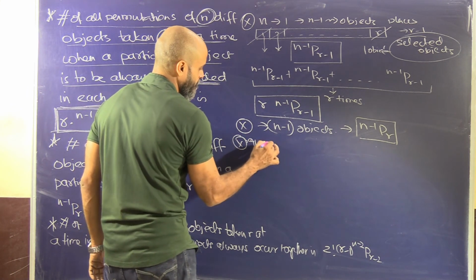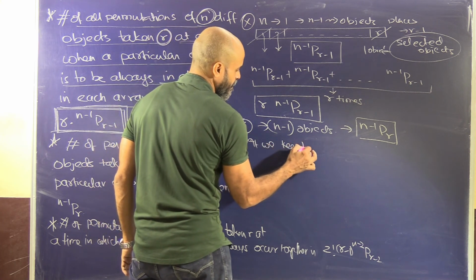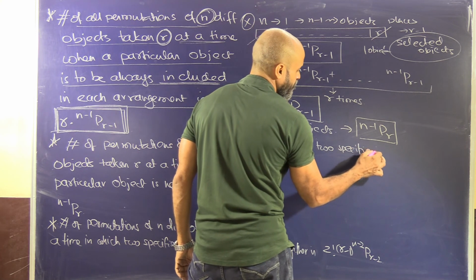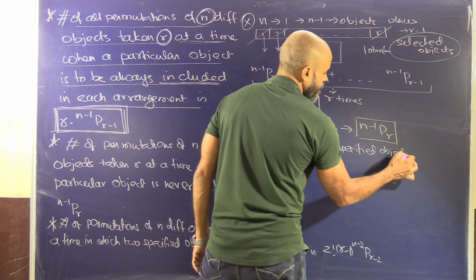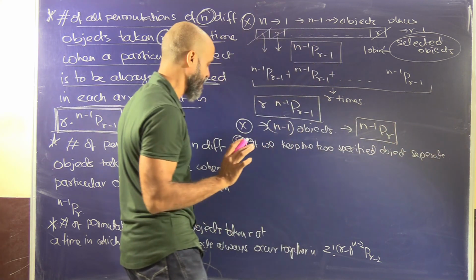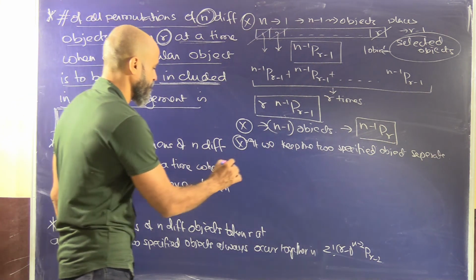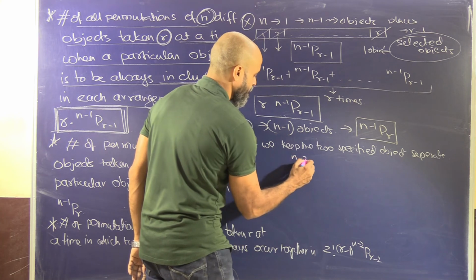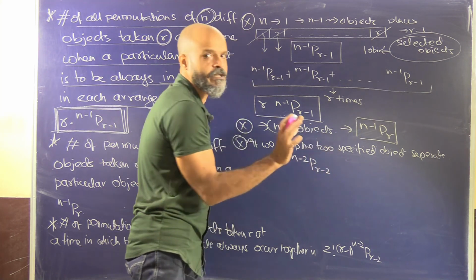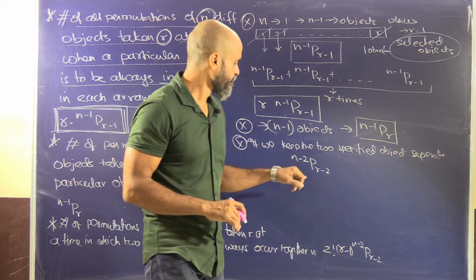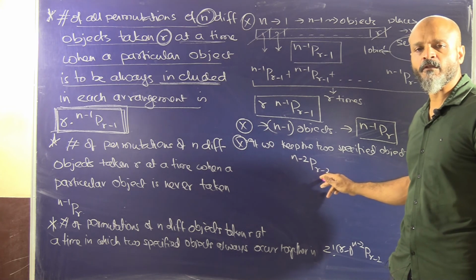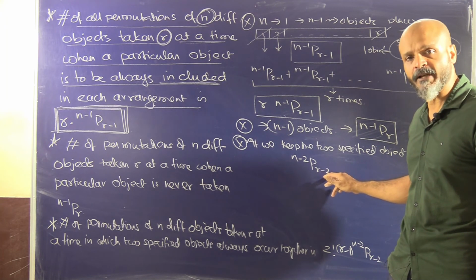If we keep the two specified objects separate, how many objects will we be left with? Obviously n minus 2. And how many places are we left with? Obviously r minus 2. Two specified objects are always taken, so we will be left with n minus 2 objects, and the number of arrangements would be r minus 2.